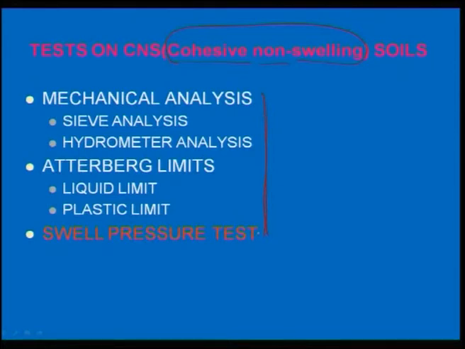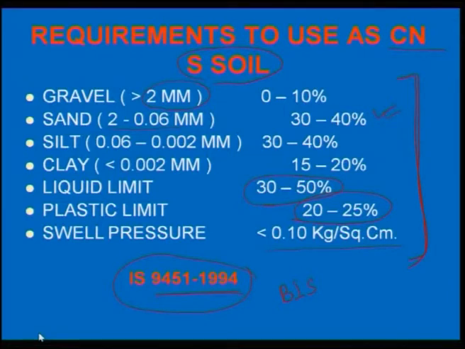Mechanical analysis, that means hydrometer as well as sieve analysis, Atterberg limits, liquid limit and plastic limit, and your swell pressure test. If you look here, this is your mechanical analysis, that means your sieve analysis and your hydrometer analysis, and this liquid limit and plastic limit is nothing but your Atterberg limits.